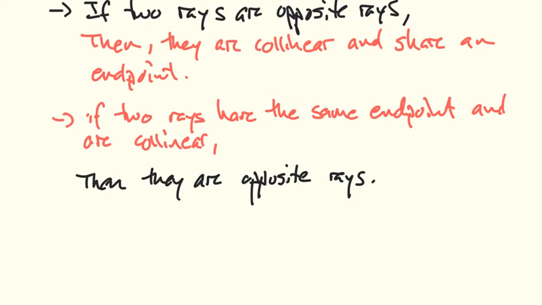So this goes both ways. If I tell you that two rays are opposite rays, then you can conclude that they are collinear and share an endpoint. On the other hand, if two rays have the same endpoint and are collinear, you can conclude that they are opposite rays. So it's a way of linking together, in many cases, a term like opposite rays or collinear or right angle, linking a term with something that you can observe in a diagram. Alrighty.